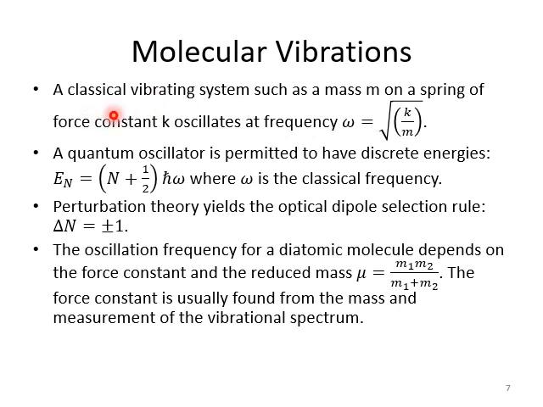So what we know is that if we have a vibrating system with a mass on a spring, then it's going to oscillate at a frequency which is related to the spring constant K. A quantum mechanical oscillator is permitted to have discrete energies, which you learned last semester. But that omega is actually the same as the classical frequency. Perturbation theory, like what we did, tells us that the dipole selection rule is that the change in level is plus or minus 1.